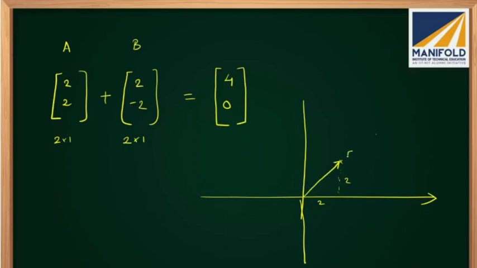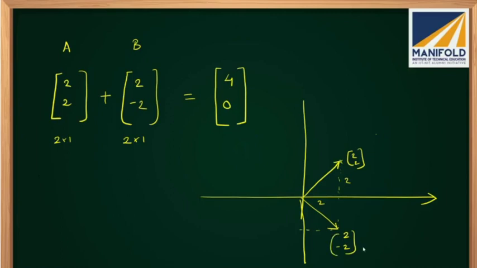Now, what is 2, minus 2? It corresponds to 2 units in the x direction and 2 units in the negative y direction, which means downwards. So that will be 2, minus 2 here. Now, how do you add these two vectors?